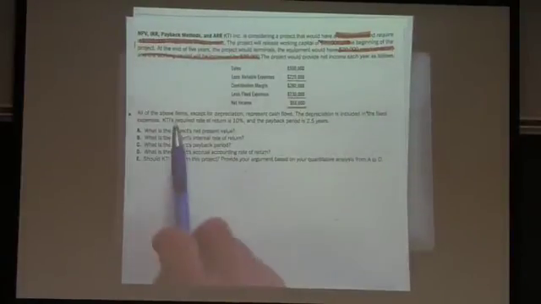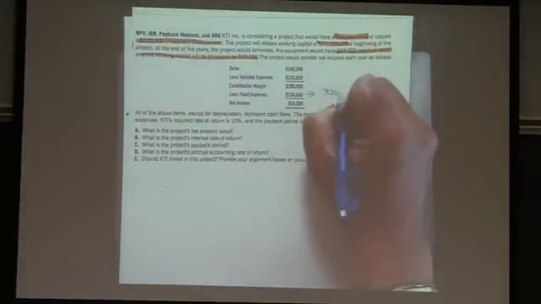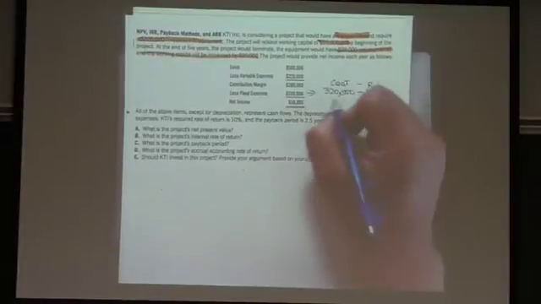All the above items, except for depreciation, represent cash flow. The depreciation is included in the fixed expenses. So we need to know how much depreciation is in this number. Okay, how do we determine that? Well, we're going to take $320,000 as the cost, less the residual value of 20, divided by 5 years.